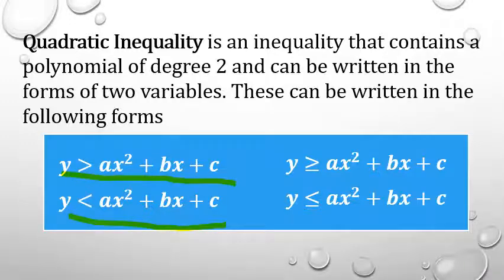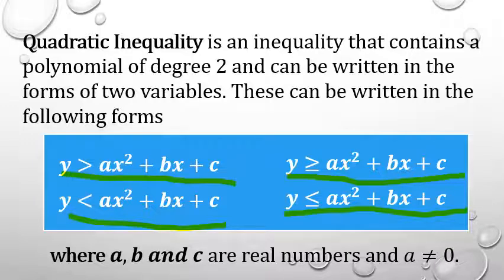Maaari ring y is greater than or equal to ax squared plus bx plus c, or y is less than or equal to ax squared plus bx plus c, where a, b, and c are real numbers and a is not equal to 0.